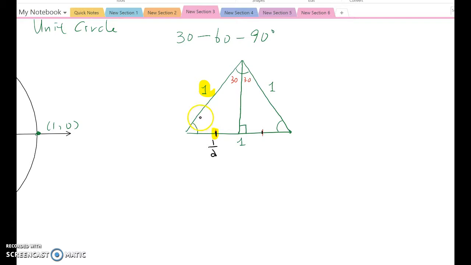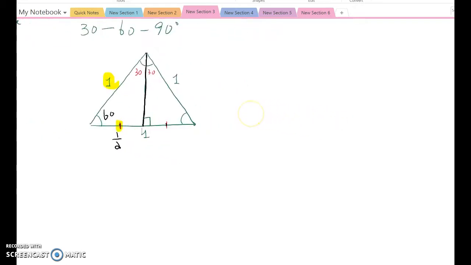Then now let's think about this length here. Since this is a right triangle, we can use the Pythagorean Theorem to find the length. So we can do (1 over 2) squared plus, if we put x here, x squared equals 1 squared. Then it becomes 1 over 4 plus x squared equals 1.